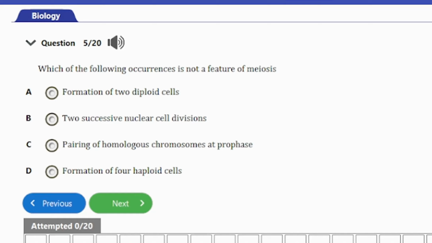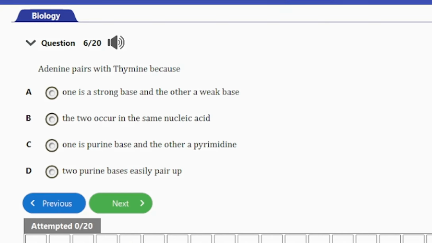So option A is the correct answer to this question. Option A is not a feature of meiosis, because meiosis results in formation of haploid cells, not diploid. Haploid cells will have half the number of chromosomes, whereas diploid cells will have the complete number. So with that being said, let's consider the next question.